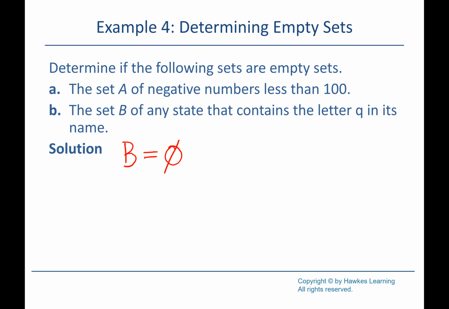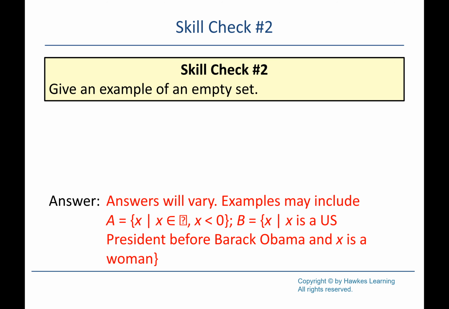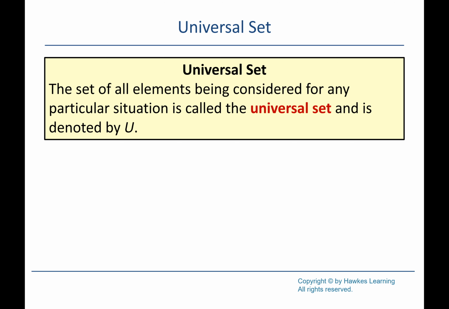Okay, the next special set is called the universal set, or sometimes you'll just hear it called the universe. The special thing about the universal set is it contains everything. But that's not quite as straightforward as it sounds, because it depends on our situation. If we're dealing with sets that contain the letters in the alphabet, then the universal set contains all the letters in our alphabet.